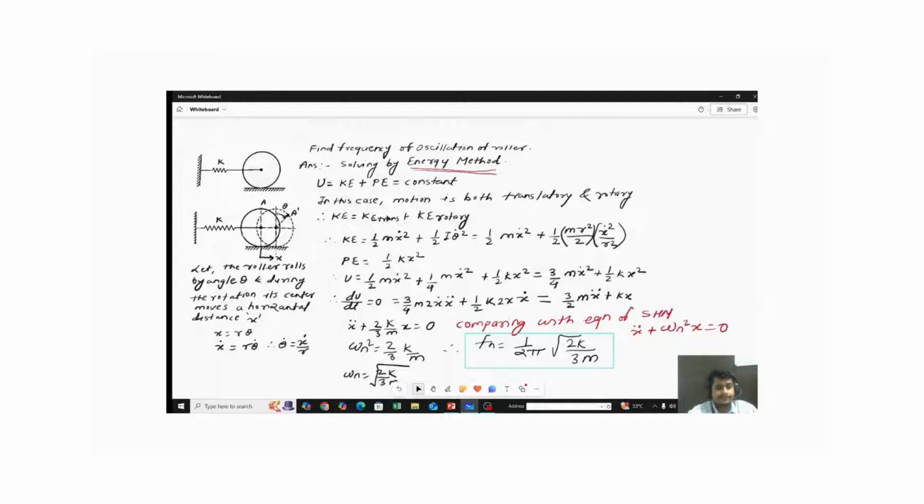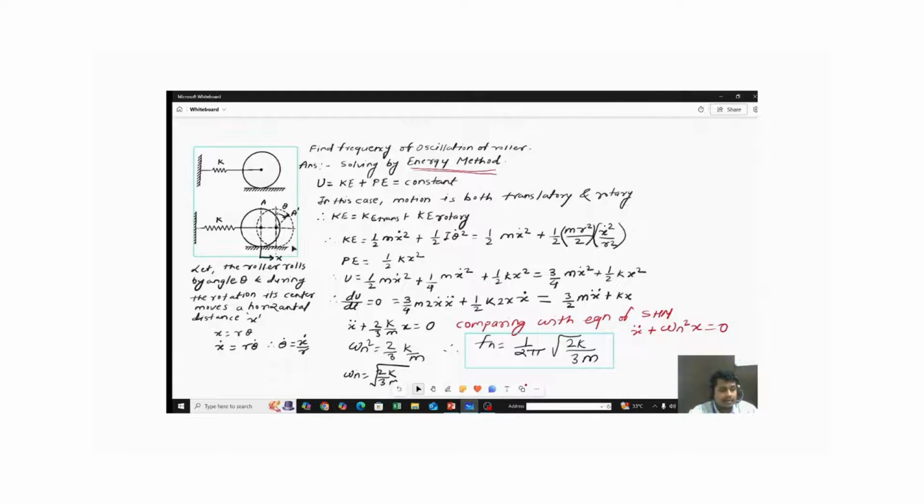In this case, motion is both translatory and rotary. For this system we have seen in the statement that this roller is just rolling without slippage, and it is traveling also. So in that case, this roller has two motions. As it traveled from this point to this point, it is a translatory motion, and as it is rolling also, it is a rotary motion.